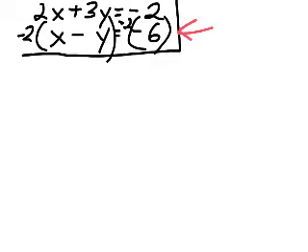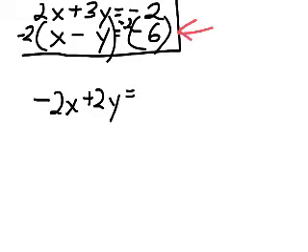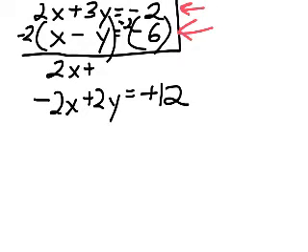Okay, so I get a -2x plus 2y equals a positive 12. All right, I'm going to add it to the first equation. I'm going to rewrite it. 2x plus 3y equals a -2.